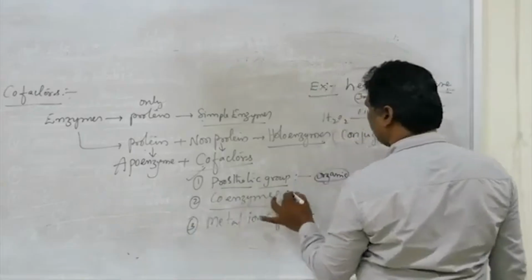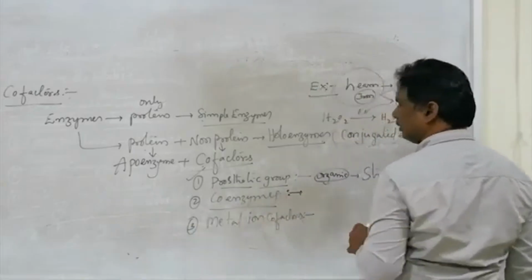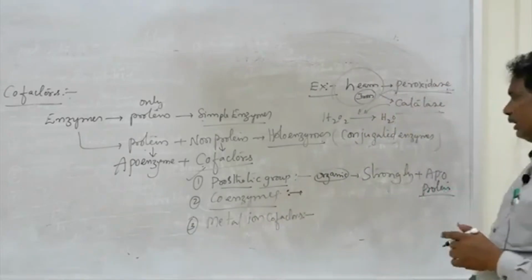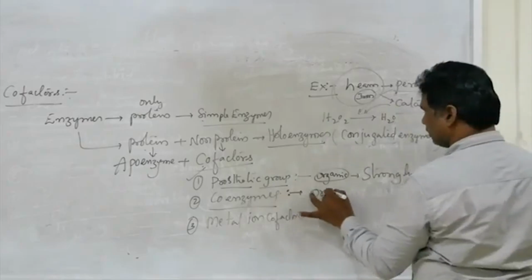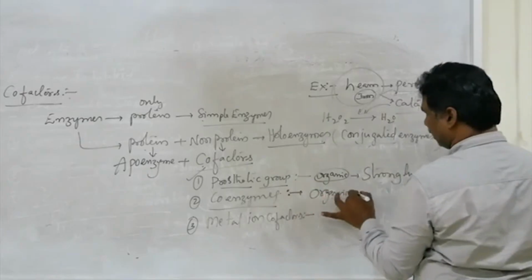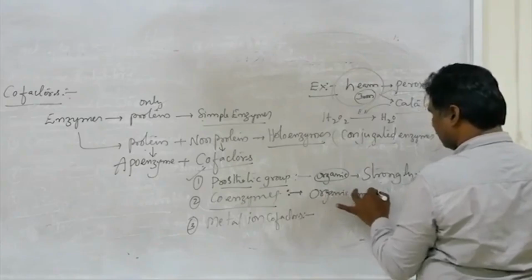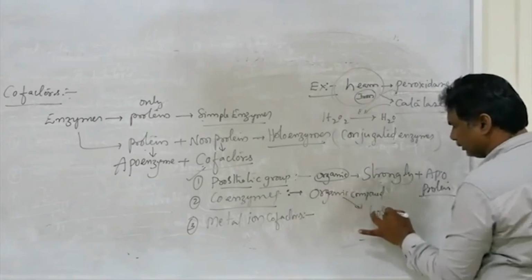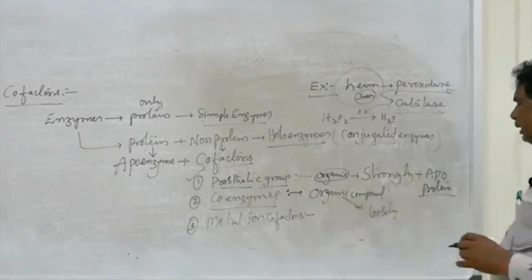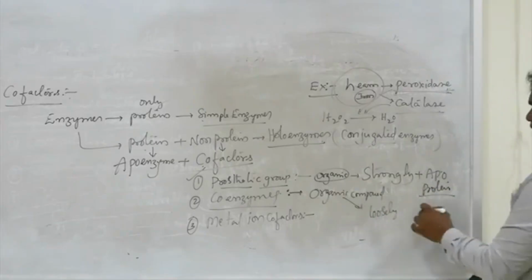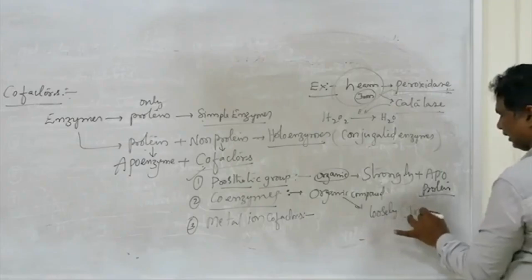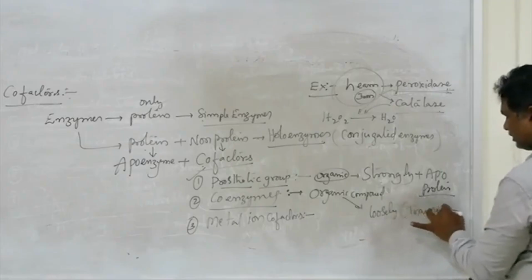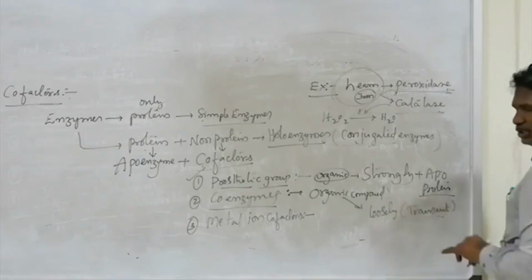Next, the second one, coenzymes. Those coenzymes are organic compounds. They are loosely bonded with, or in your textbook, transient. Transient means an intermediate stage.